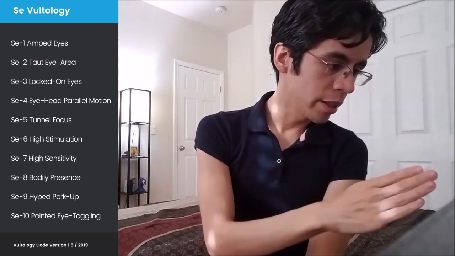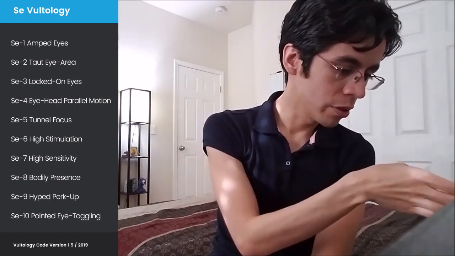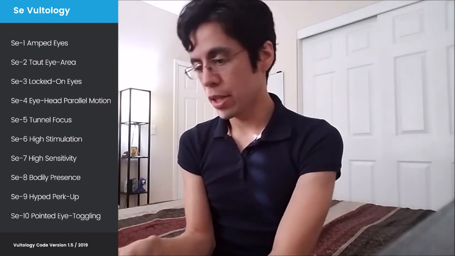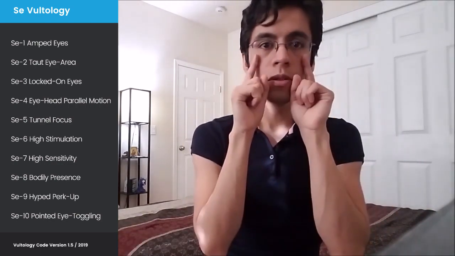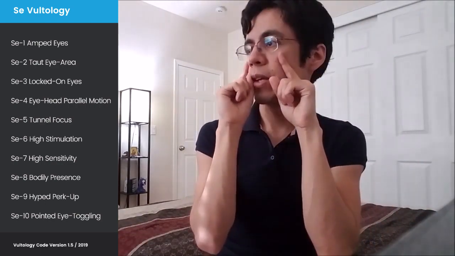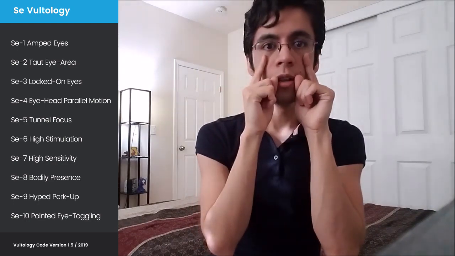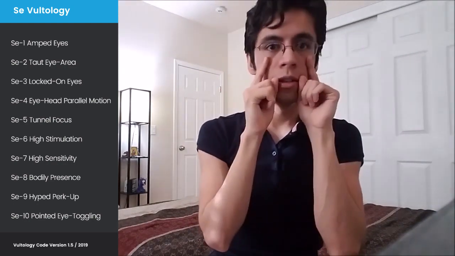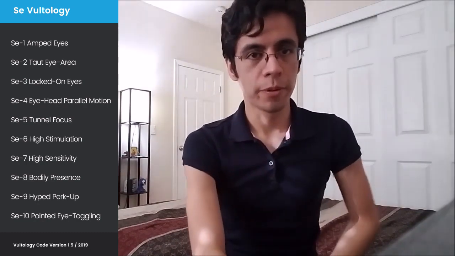So if they're going to look over here, the eyes and the head don't change, so that they move as kind of one unit. The eyes don't move first, then the head catches up to it. It's more like the eyes and the head move together. Instead of this, there's this, generally speaking.